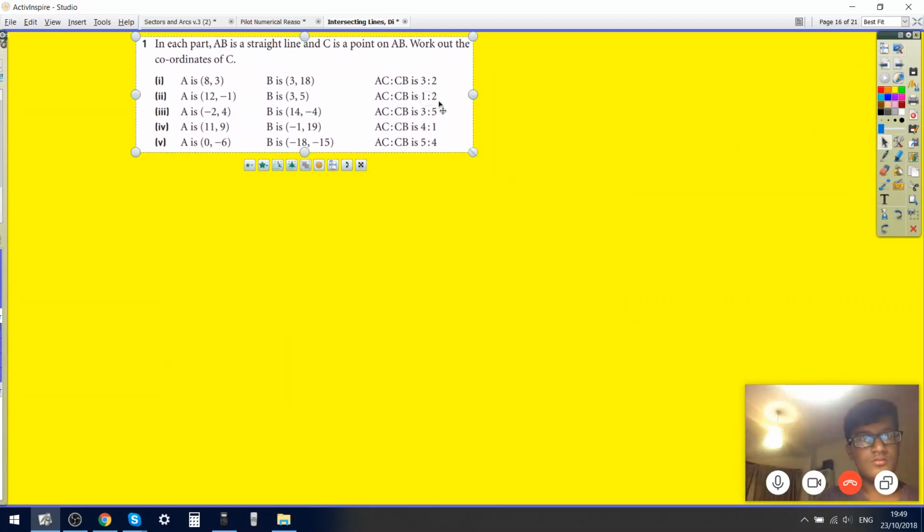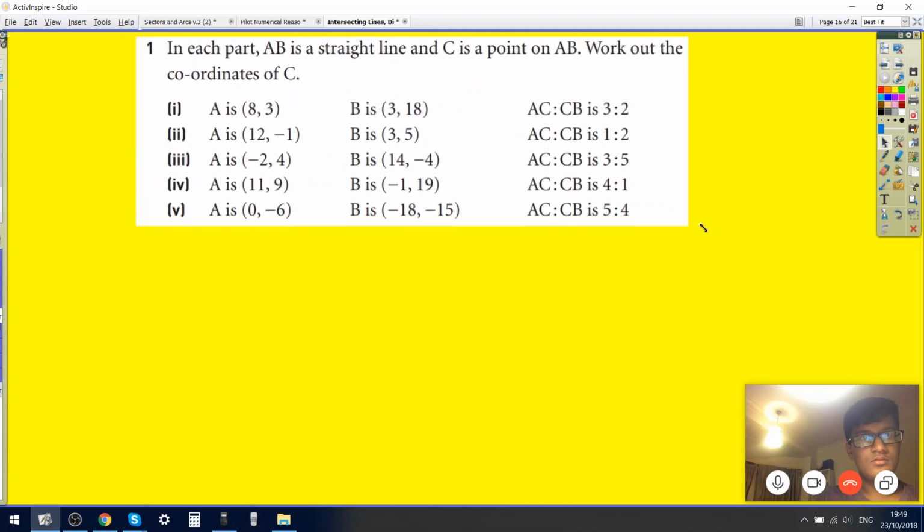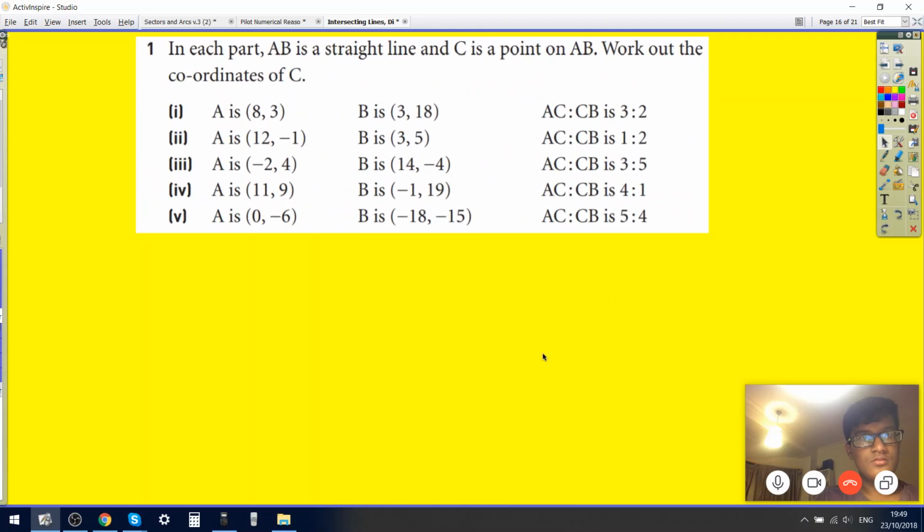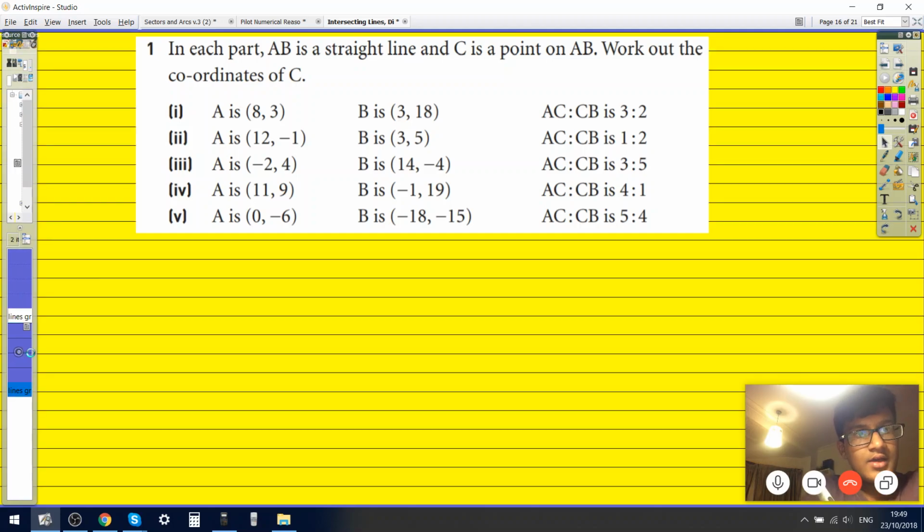Okay. Let's see. In each part, AB is a straight line, work out the coordinates of C. AC, BC. I don't think these will give you any problems, or if you want to try them, it's up to you. Will I try number 5? Yeah. A is 0, 6. I'll just draw these.